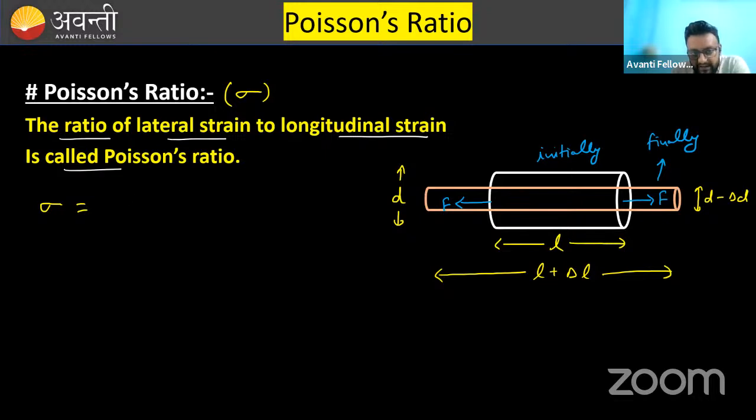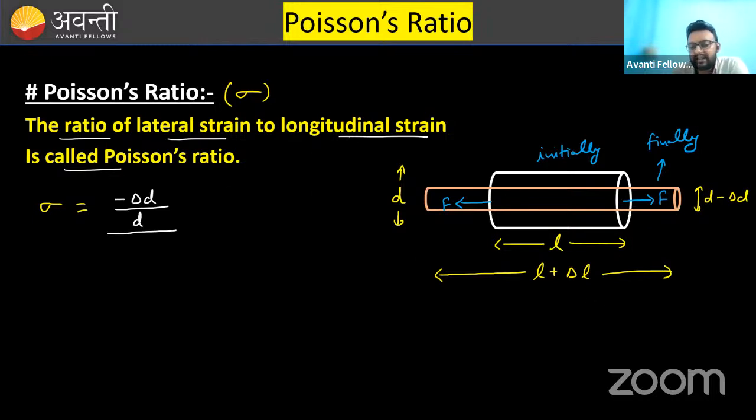Change in lateral direction is what? Delta D. And this width is decreasing, so you will write minus delta D divided by original width D, divided by longitudinal strain.